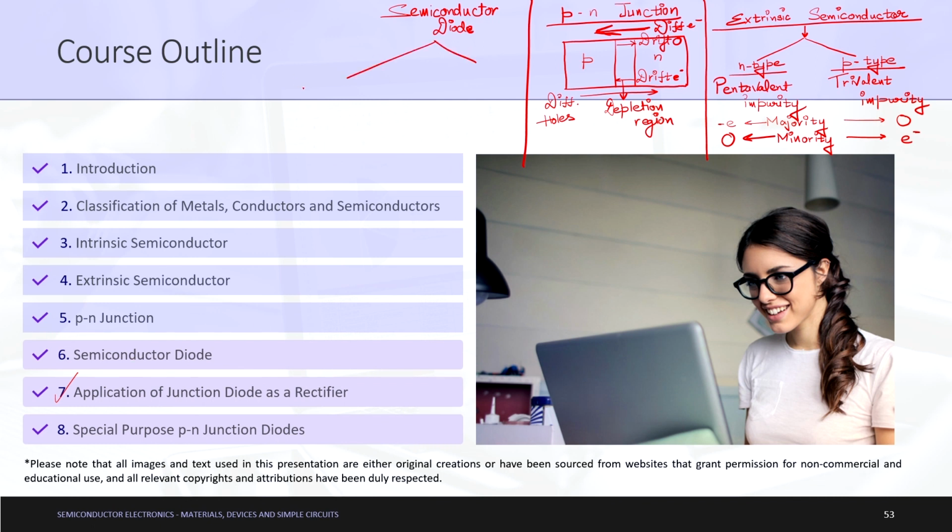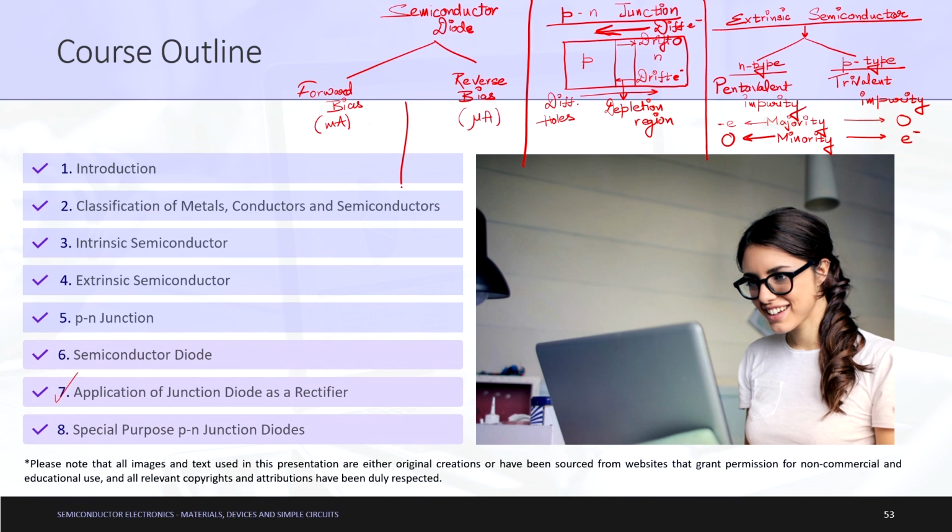First was forward biasing, second was reverse biasing. In forward biasing the current is generally measured in milliamperes. The current measured in reverse biasing is generally in microamperes.